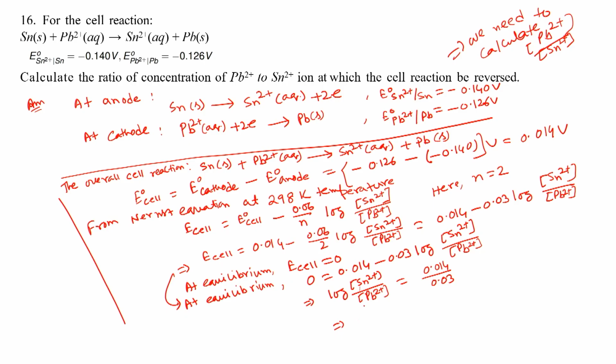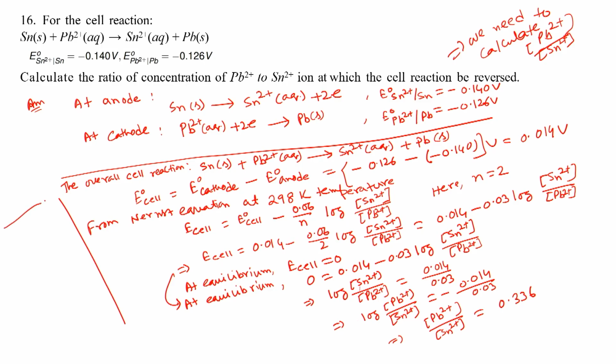So log of Pb2 plus by Sn2 plus will be minus of 0.014 by 0.03. So, we get concentration of Pb2 plus by concentration of Sn2 plus is 0.336. So, this is at equilibrium, right? At equilibrium we get this, but we need to calculate the ratio of concentration of Pb2 plus to Sn2 plus at which the cell reaction will be reversed, right?